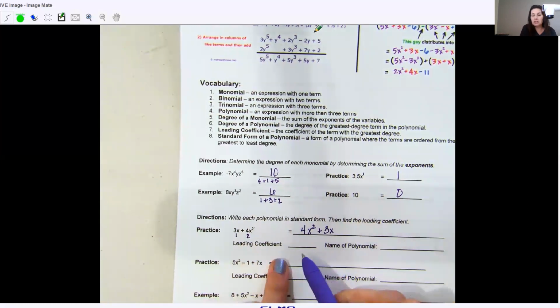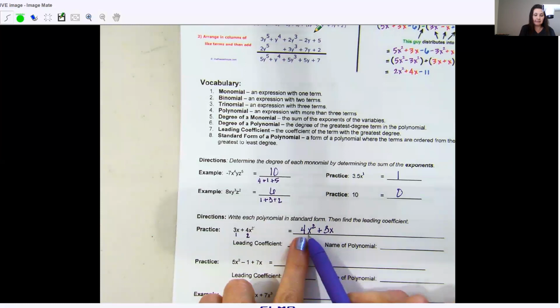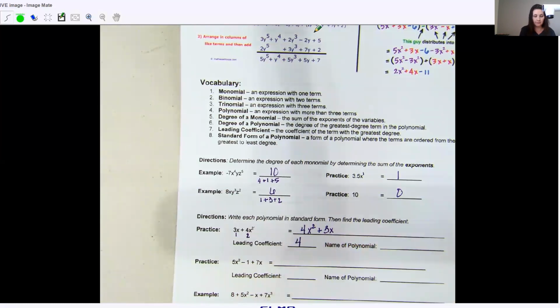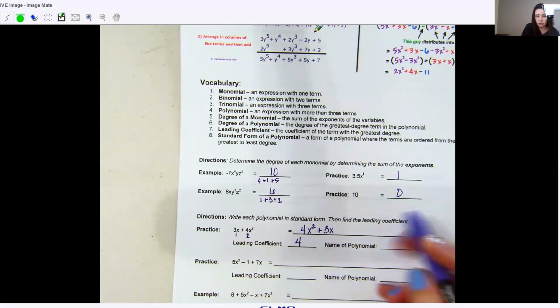My leading coefficient is the coefficient of my term that has the highest degree. In this case, this term has the highest degree of 2, and the coefficient is 4. That would be considered my leading coefficient. And then the name of this polynomial, because there are two terms, it is a binomial.